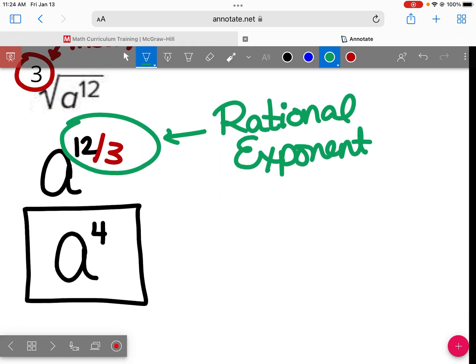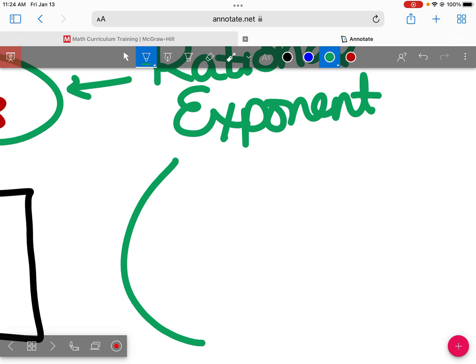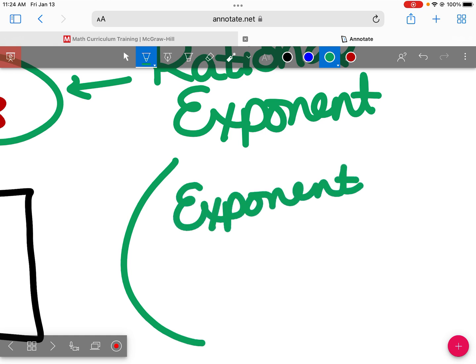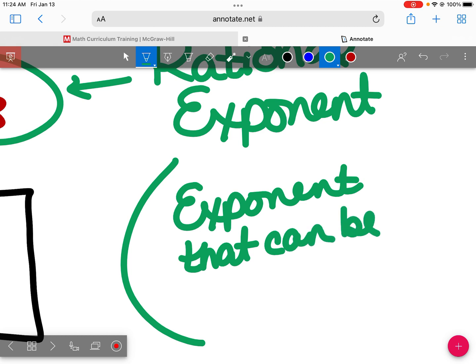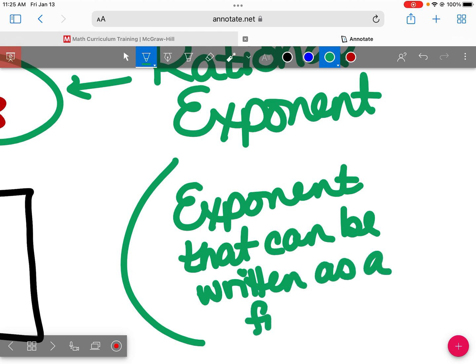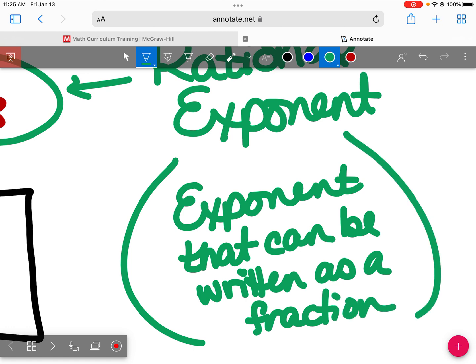A rational exponent is an exponent that I can write as a fraction. An exponent that can be written as a fraction is a rational exponent.